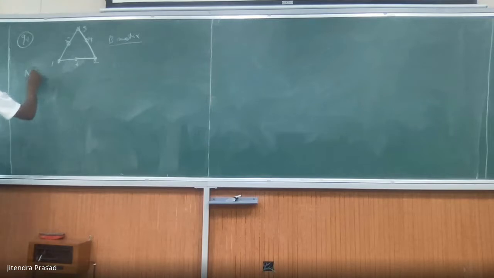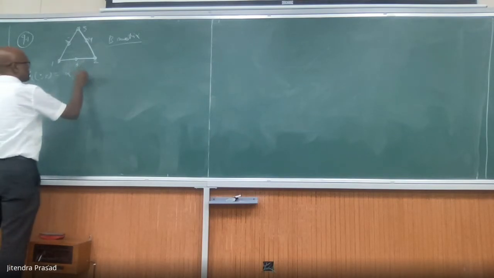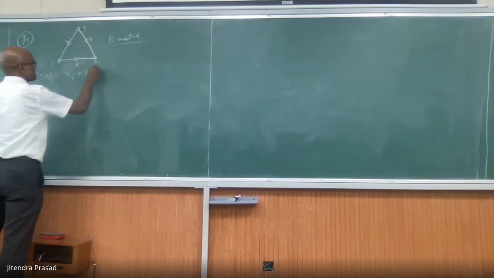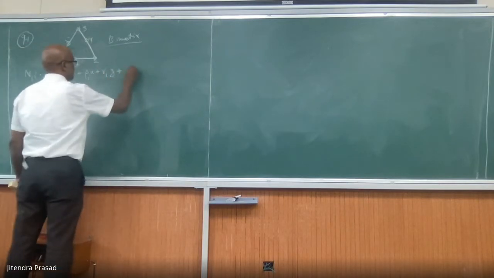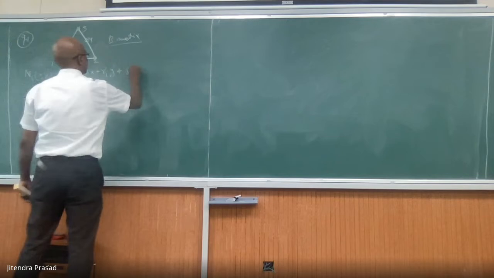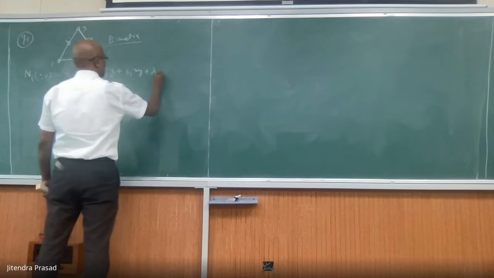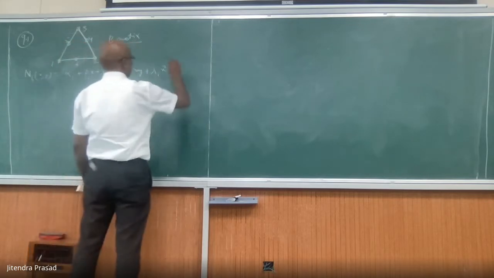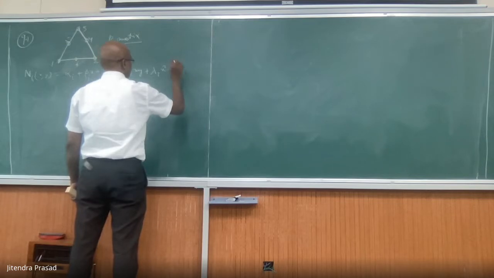You can construct Ni(x, y) as a function of alpha i plus beta i x, gamma i y, plus delta i xy, plus lambda i x square, plus some other coefficient, mu i y square.